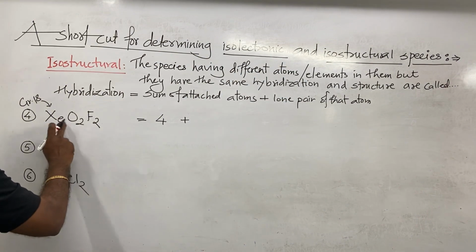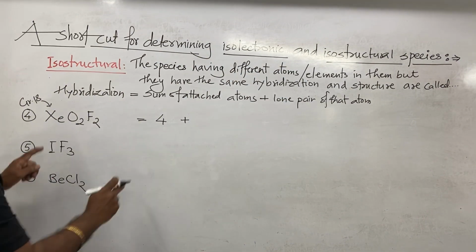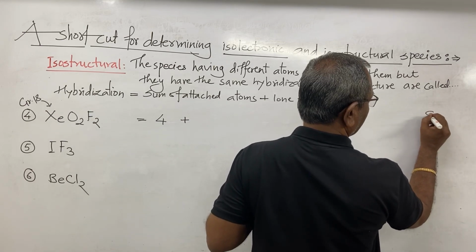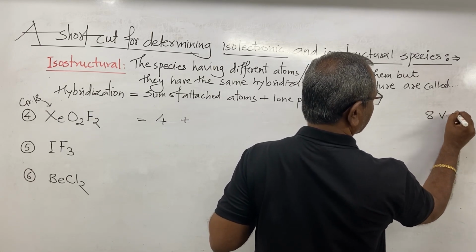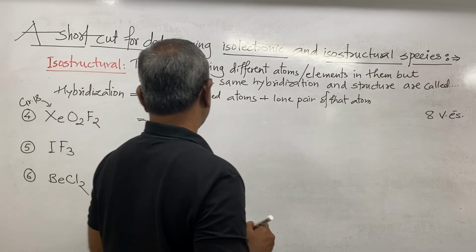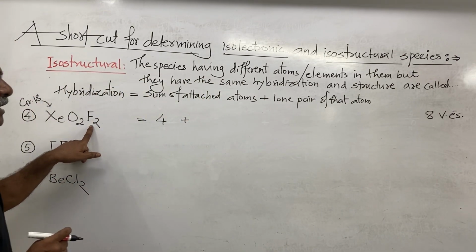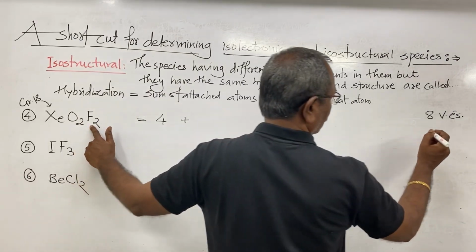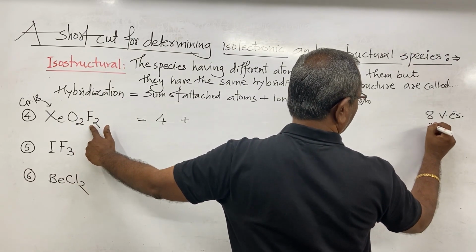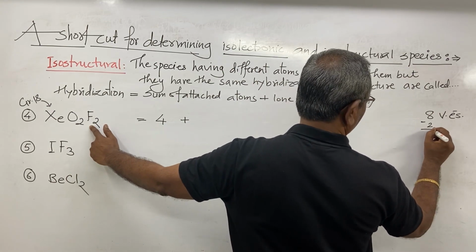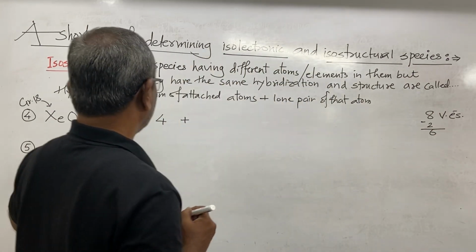So there are 4 atoms attached. Xenon, as it belongs to group 18, has 8 valence electrons. Now here out of 8 electrons, 2 electrons are used in bond formation with fluorine. So 6 are left.